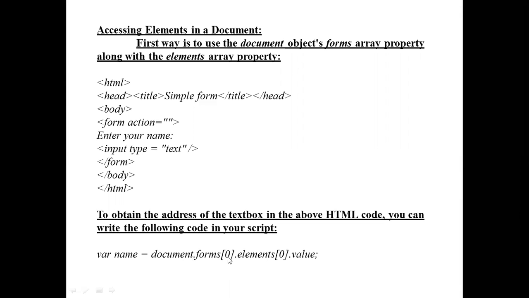In the HTML document there is one form, forms of 0, and in the form there is only one element here, so elements of 0 dot value. If there is a second element, like enter your branch, and you want to access the branch, then branch equals document dot forms of 0 dot elements of 1, that is the second element, dot value.